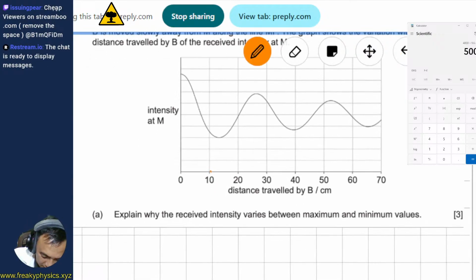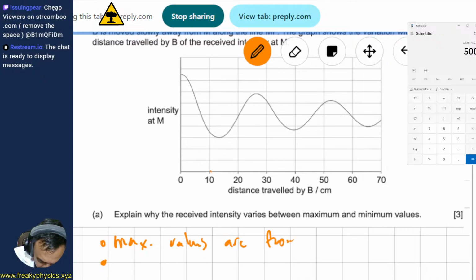I'm going to do bullet points in this case. The first mark is for saying the intensity received varies between maximum and minimum. The maximum values are from constructive interference.